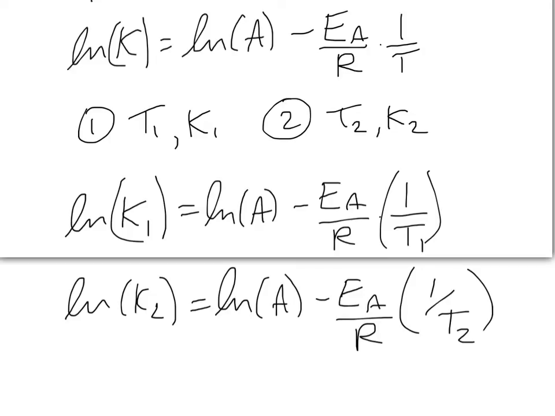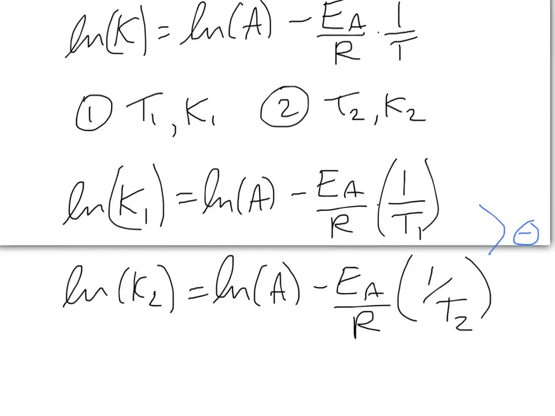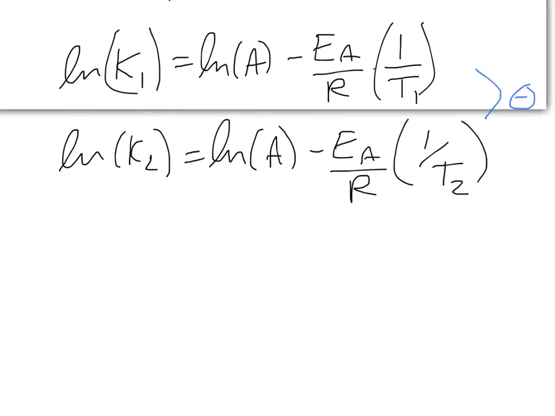So what can we do with these equations? If we're trying to find the activation energy, we can subtract these equations from each other. And so if we subtract them, the natural log A terms are going to disappear. And what do we have? We've got the natural log of k1 minus the natural log of k2. And on the right-hand side, what do we have?